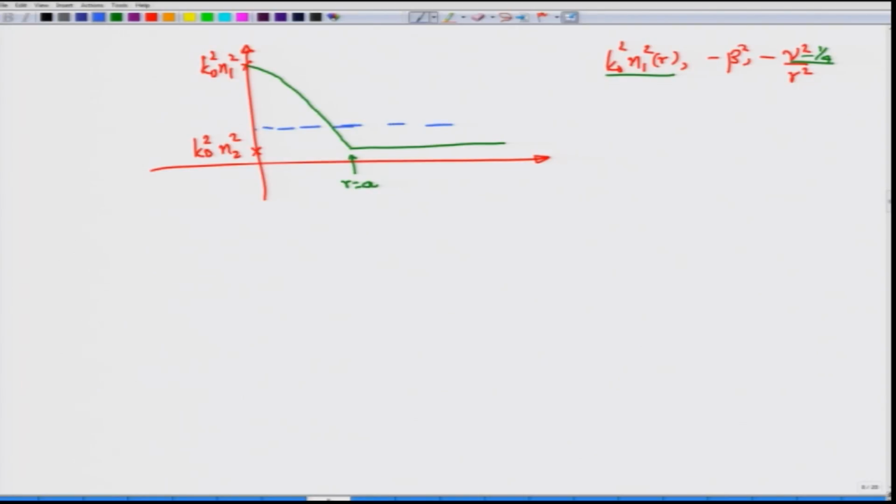Okay, so this would actually be some value of beta or beta square if you would like, and if you look at this nu square minus 1 by 4 divided by r square at r equal to 0, this is very large, right, and then it drops down, and when it drops down it also gets upshifted by a constant value of beta square. So, the result is that the corresponding value for this sum of beta square and nu square minus 1 by 4 r square would look something like this.